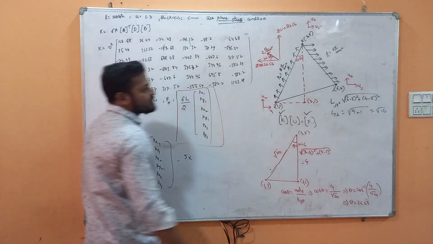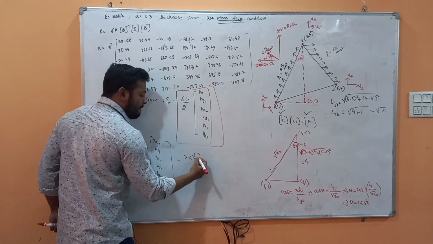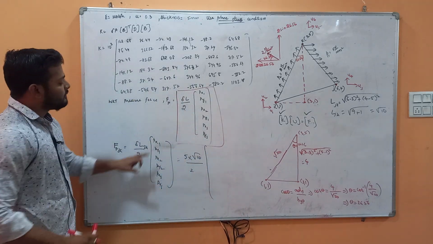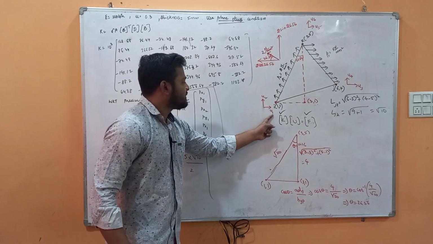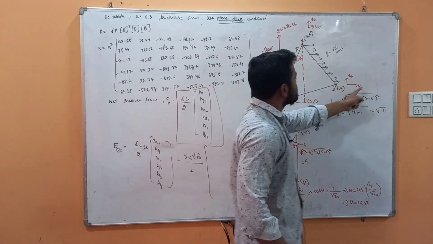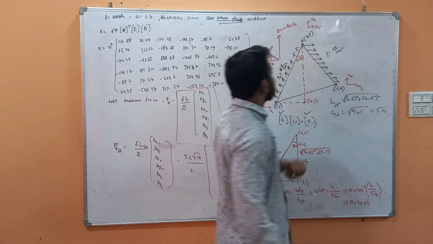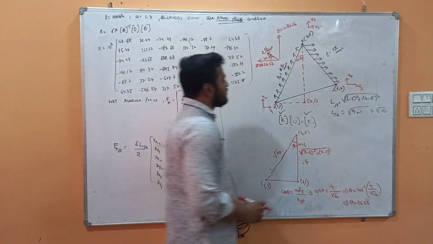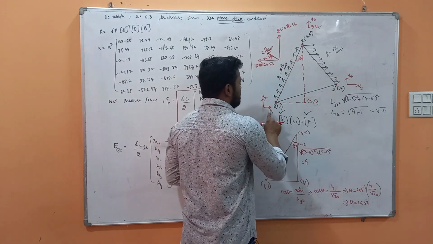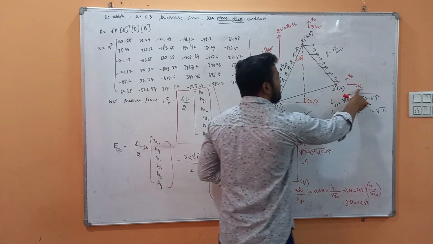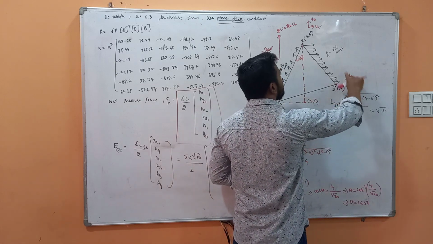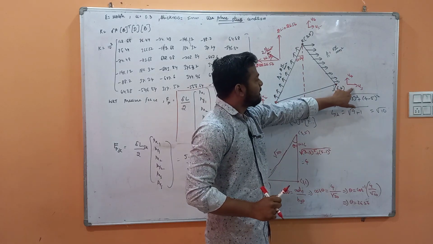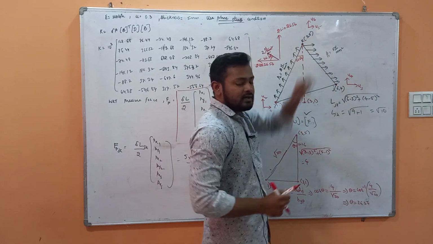The length of Jk is root 10 by 2. So this is px1, py1, px2, py2, px3, py3. If we look at this, it is only affecting px2 and px3.